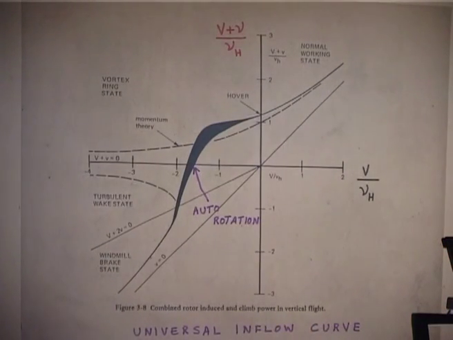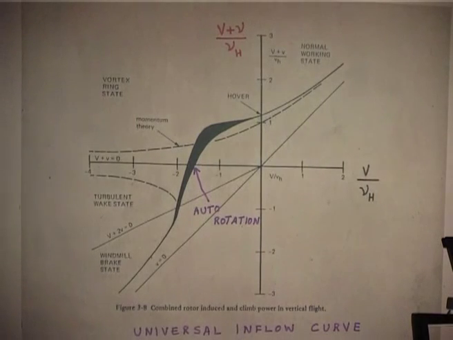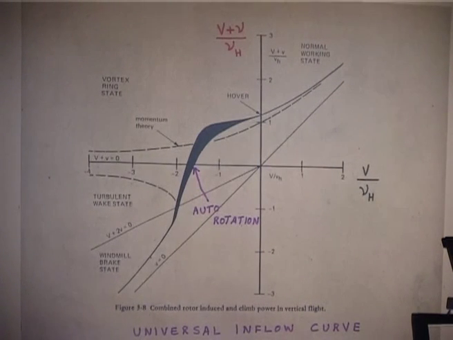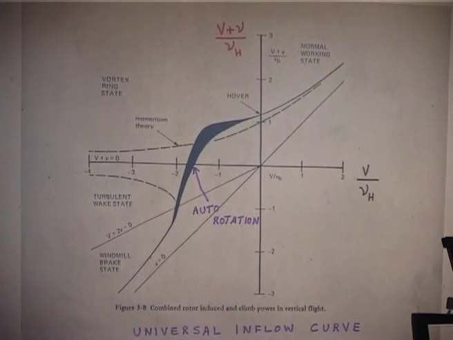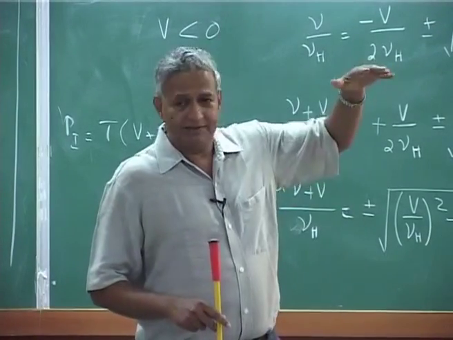This is a very important curve. Even now some publications come on how to get this zone. This is one of the flight conditions, because auto rotation is a criterion which your vehicle has to meet, with certain guidelines. That is, when the engine fails, the pilot should take a corrective measure, and it should not come down like a stone.